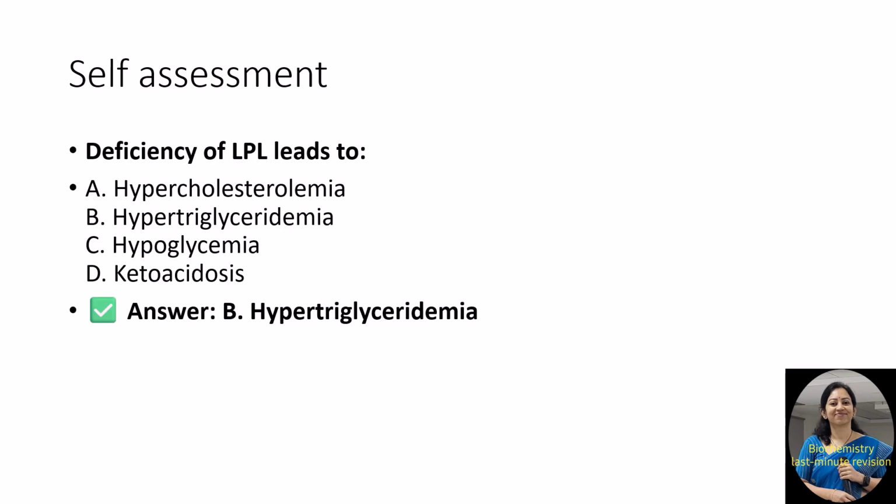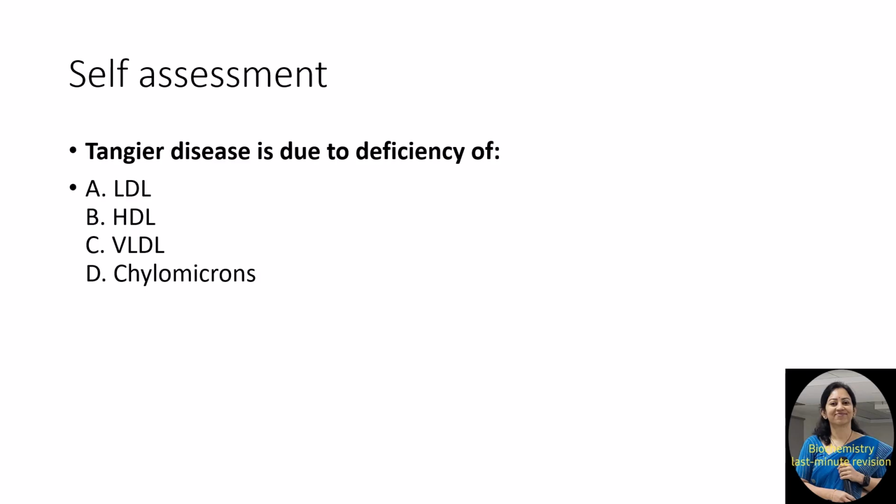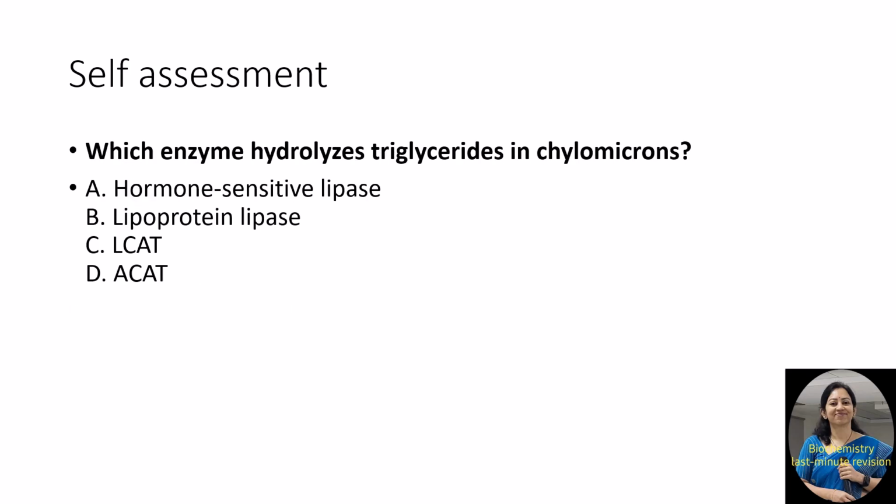Deficiency of lipoprotein lipase leads to hypertriglyceridemia, because this enzyme is involved in breaking down both endogenous and exogenous triglycerides. So increased triglycerides occur when there is deficiency of lipoprotein lipase, which is Fredrickson's type 1 lipoproteinemia. Which enzyme hydrolyzes triglycerides in chylomicron?